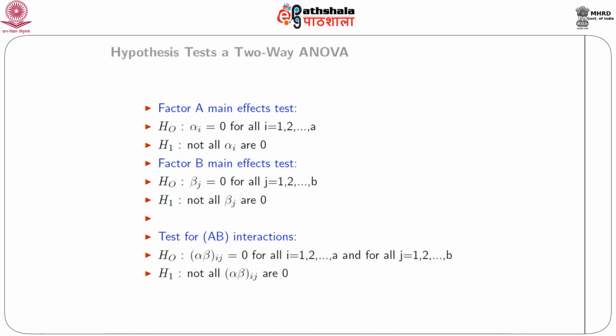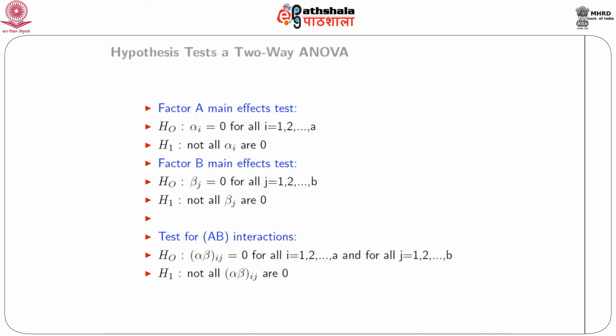Now, the hypothesis tests in two-way ANOVA. Factor A main effects test are H naught: alpha i equal to 0 for all i, and H1: not all alpha i are 0. Factor B is exactly similar, but with betas in place of alphas, and B in place of A, and j in place of i.